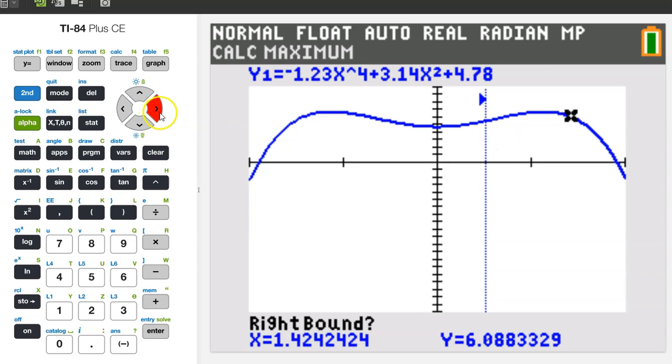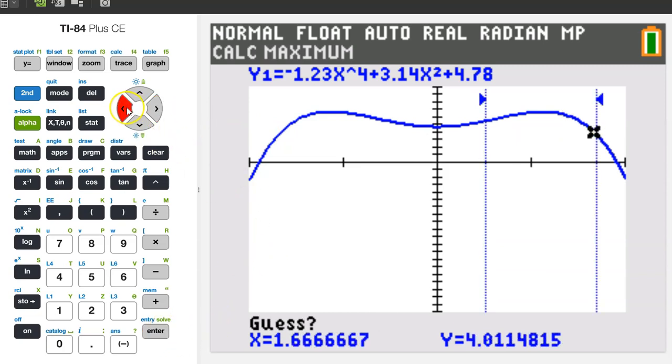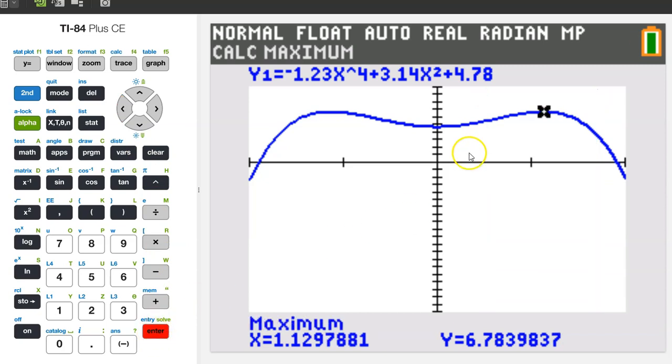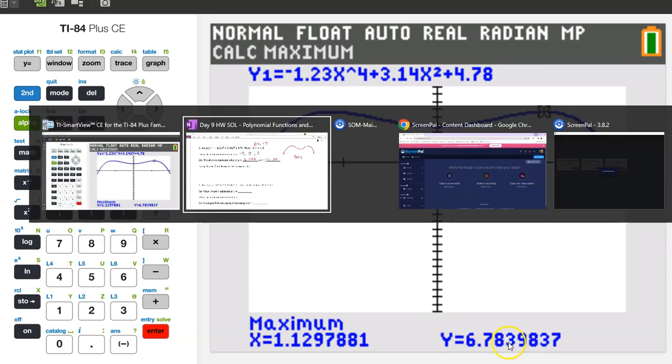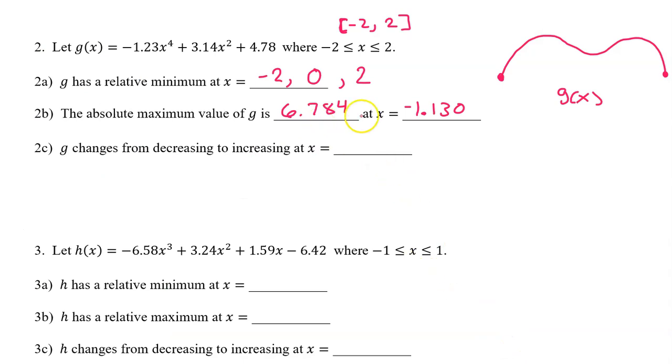I'll go just a little further. Okay, boom, right bound. Now I'm going to move somewhere close to where I think it is, and hit enter again. So it should be somewhere in there, and kabam, 6.784. All right, that's exactly what we had last time.